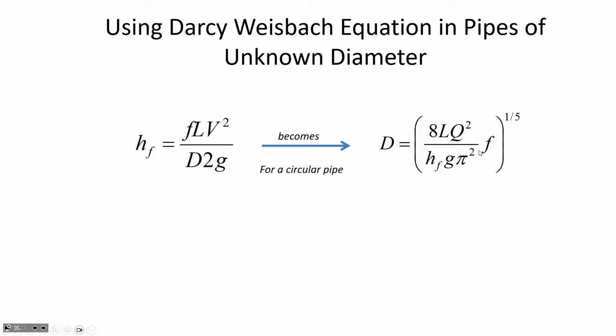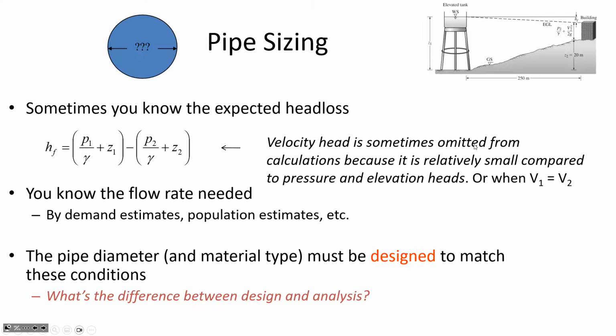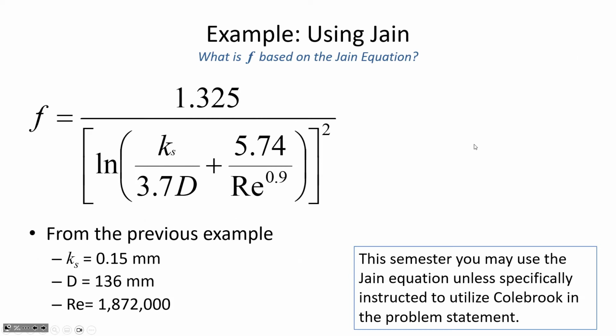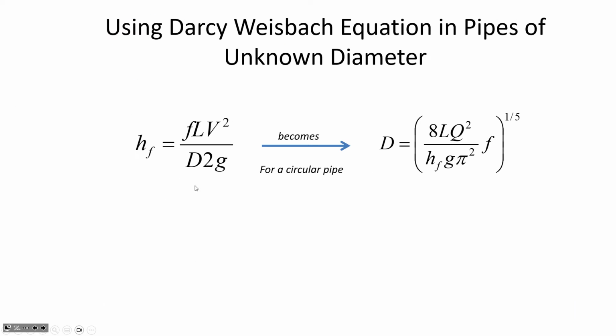Do you remember in the Jain equation, what are some of the terms that friction factor depends on? Well, friction factor depends on flow conditions and pipe diameter. So we're saying we're calculating the pipe diameter, and the pipe diameter depends on the friction factor, but the friction factor depends on the pipe diameter.